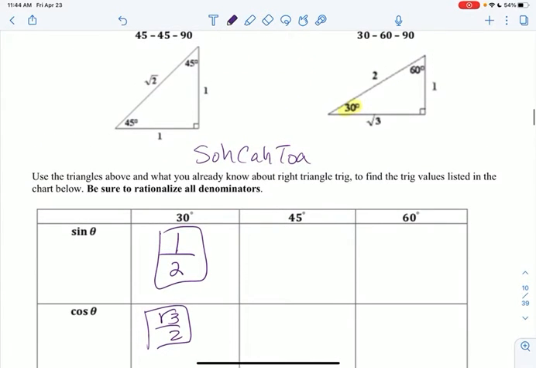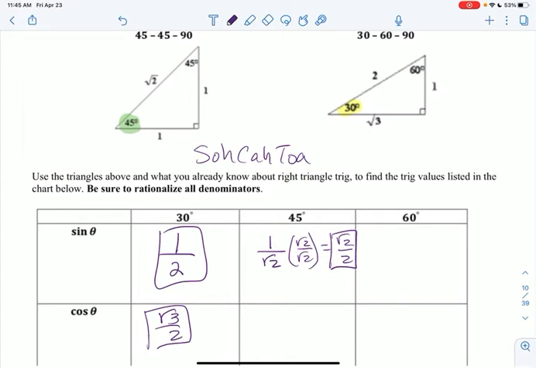All right, let's do the 45s. So sine of 45. I am looking at this angle right here. Sine of 45 is opposite, which is 1, over hypotenuse. I have to rationalize this denominator, radical 2 over radical 2, so that gives me radical 2 over 2.